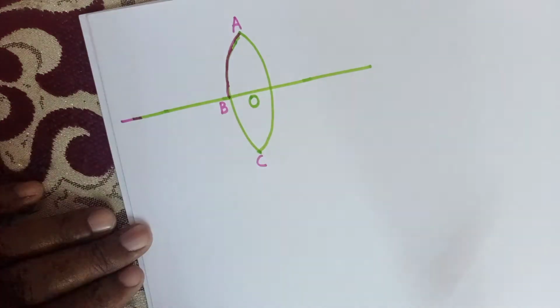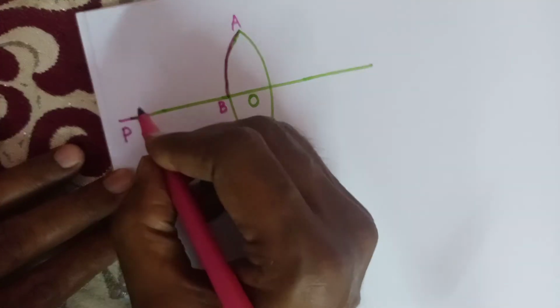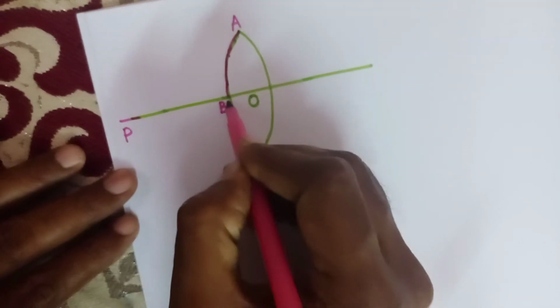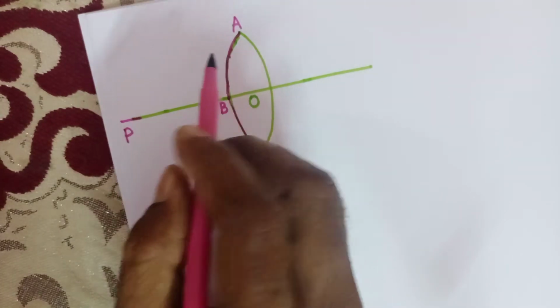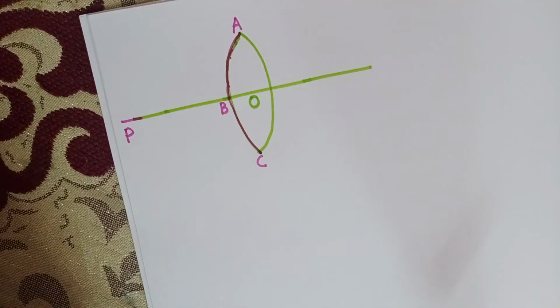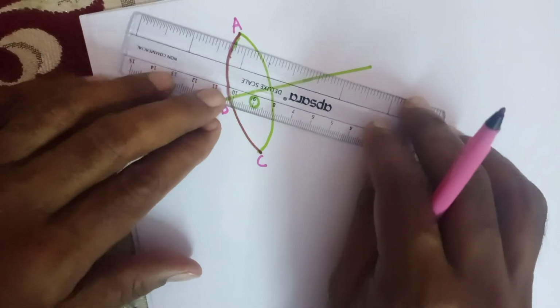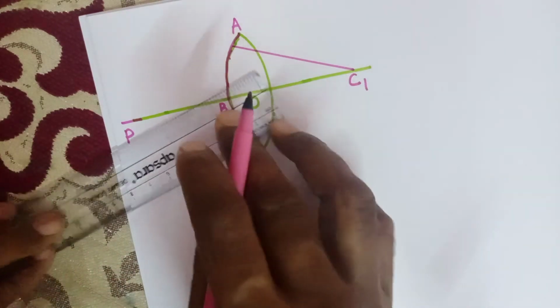An object is placed at this point P, and for the ABC surface, the normal is the line which passes from the center C1.